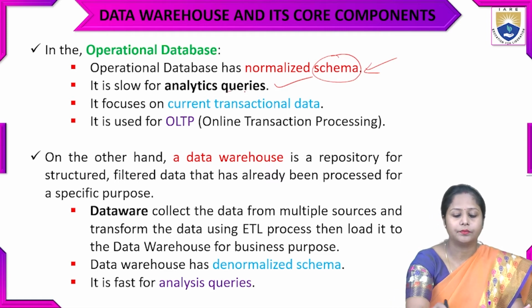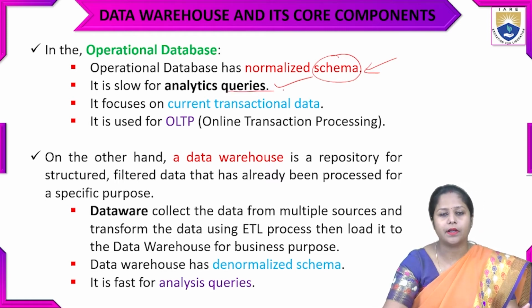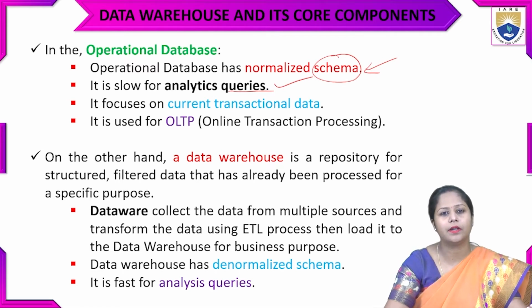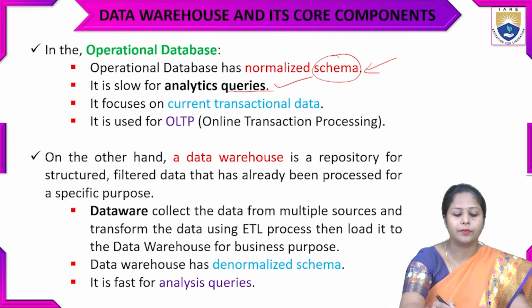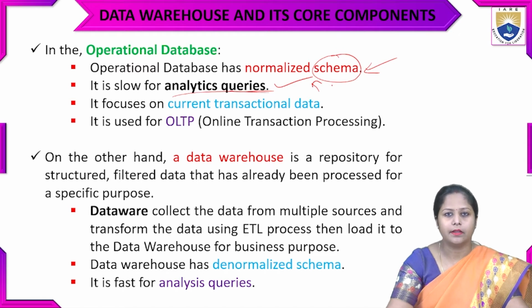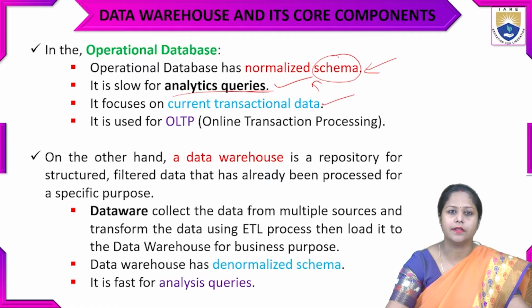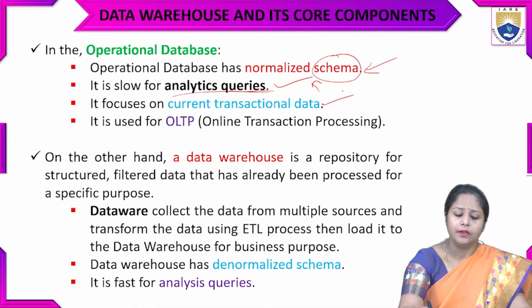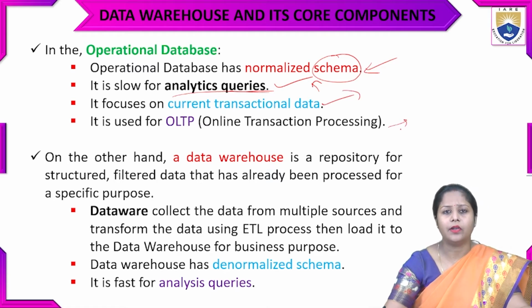When the companies' analysts write queries for processing, working on the operational database will be very slow for them. This database also focuses on current transaction data, and it is also used for online transaction processing.